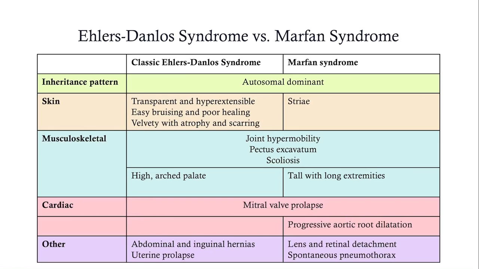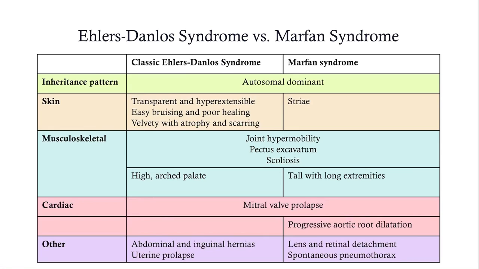These patients, both Ehlers-Danlos and Marfan's, are going to have that hypermobility. They can have some skeletal issues like scoliosis, pectus excavatum. You may see pectus carinatum in Marfan syndrome. The difference is with Ehlers-Danlos syndrome, they'll have a high arched palate, and with Marfan syndrome, they're classically tall with very, very long extremities.